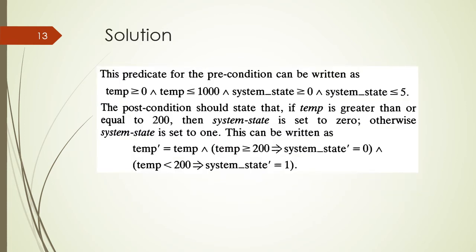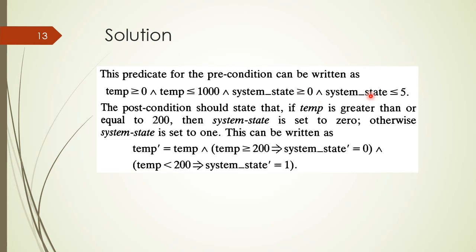In order to formally specify the precondition, we have a predicate which is temp is greater than or equal to 0 and temp is less than or equal to 1000, which describes the range of temp from 0 to 1000, and system state is greater than or equal to 0 and system state is less than or equal to 5, which mentions that when temp ranges from 0 to 1000, then system state would be from 0 to 5.